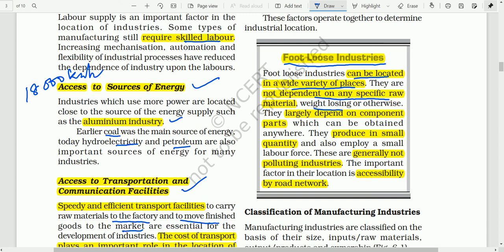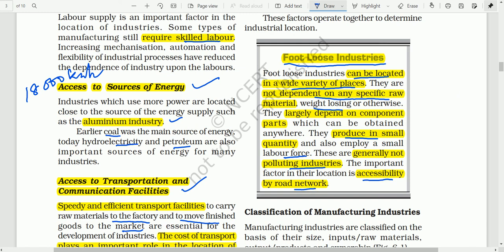They produce in a small quantity, and also employ a small labor force. These are generally not polluting industries, eco-friendly industries. Footloose industries are eco-friendly industries. They are not polluting industries, and the important factor in their location is the accessibility by road network.